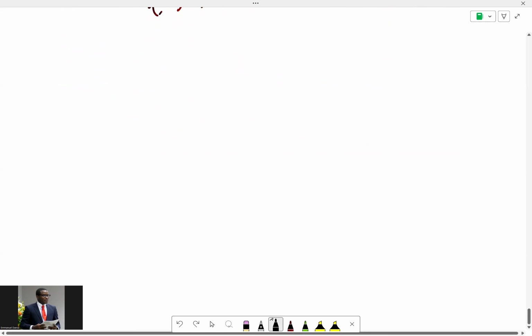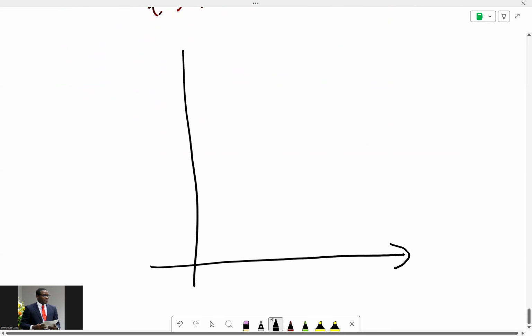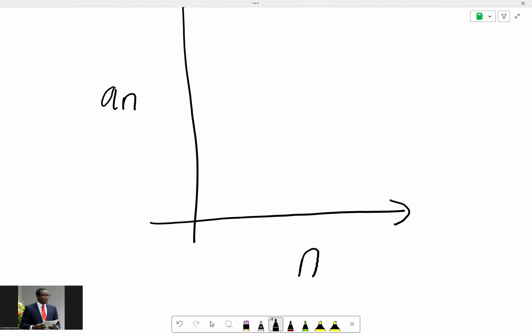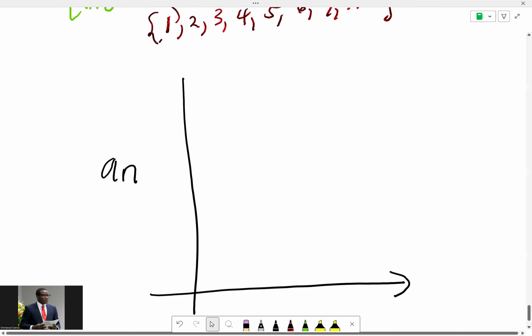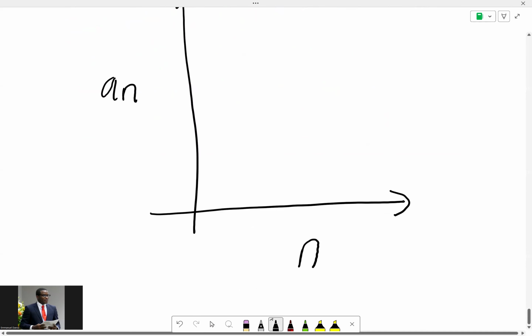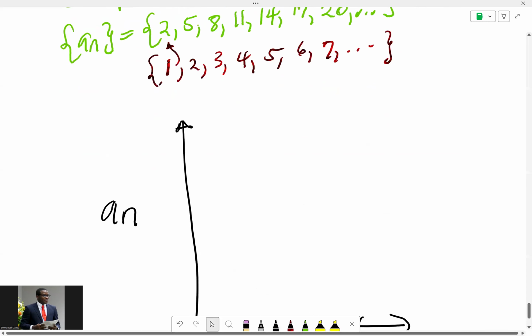Here we have the number of terms, and here we have the actual value. So that means we have 1 to 7.